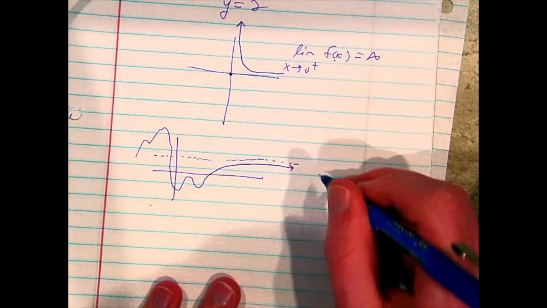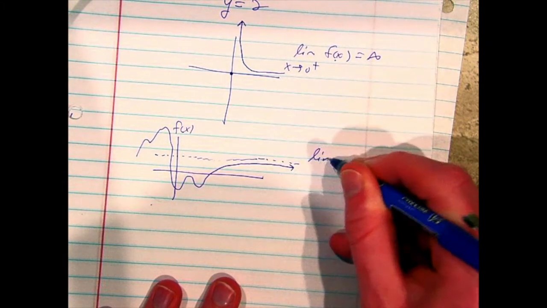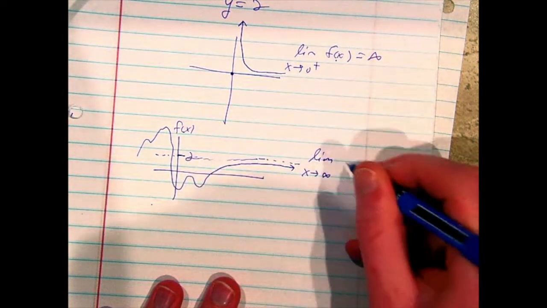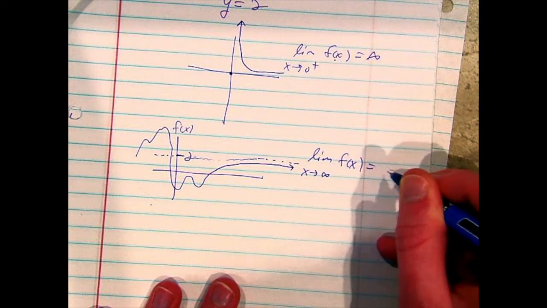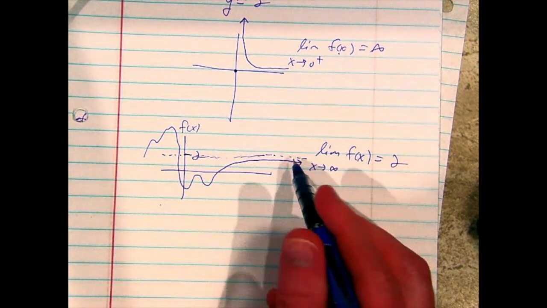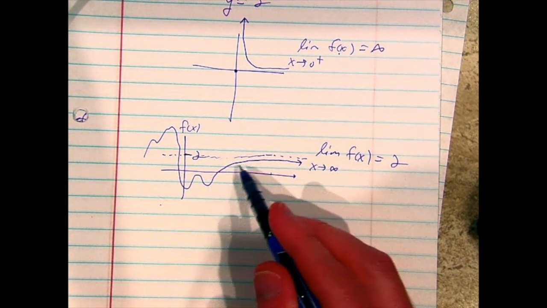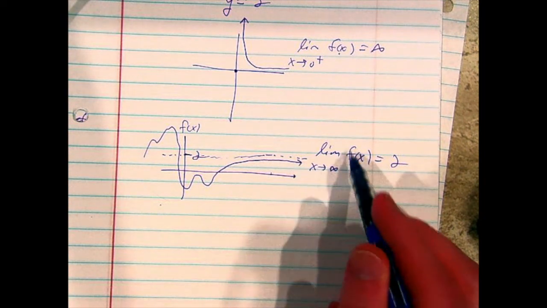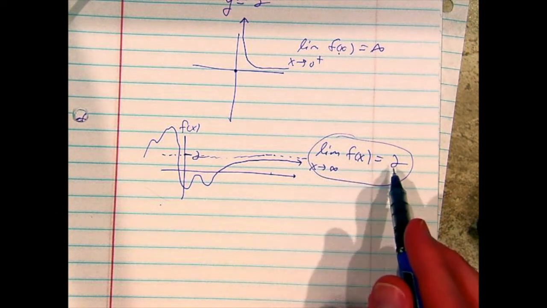If you think about what that means in terms of limits, if this is my function f, and let's say this y value is 2, it's really saying the limit as x approaches infinity of this function is 2, right? Because a horizontal asymptote is just saying that as you go way out to the right on the x-axis, the value of the function gradually approaches 2 more and more closely. Well, that's exactly what this limit is saying. As x becomes very large, the function approaches 2.